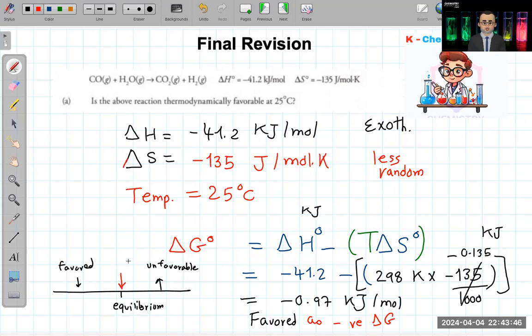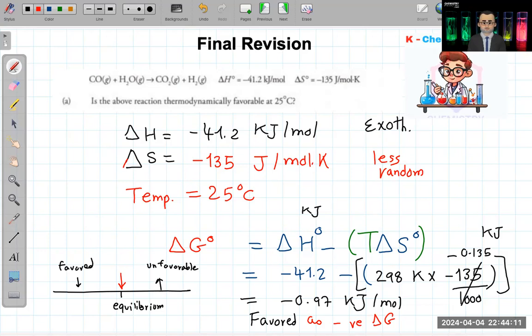Because anything after it or before it will be favorable and unfavorable. If you find the temperature at which it is favorable or unfavorable, you will know when above what it is good or above what is bad. Let me explain it in a different way. There is a temperature at which there is equilibrium. It's neither favorable nor unfavorable. And there is a temperature at which it is favorable.